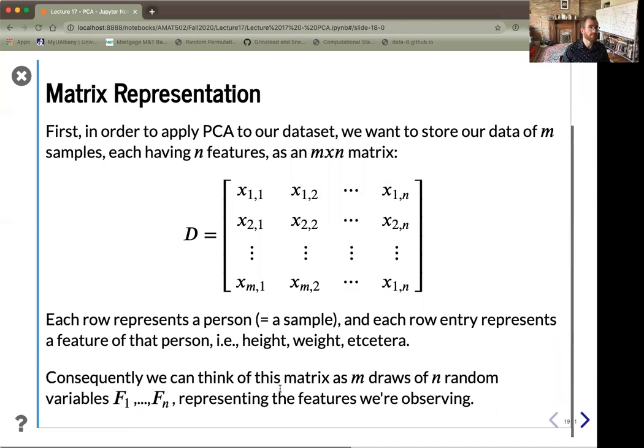You could also think of these as m different draws of n different random variables, f1 through fn. Those are features, and we're trying to summarize some statistics about this sample across all these different features, but collected across the same sample of individuals.